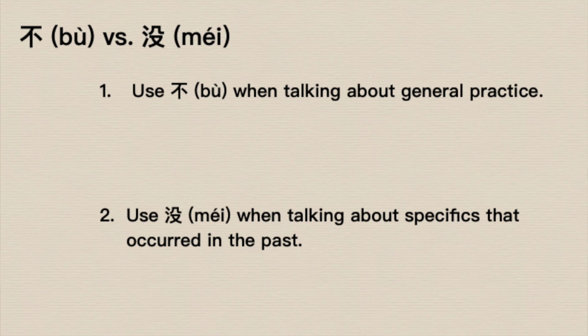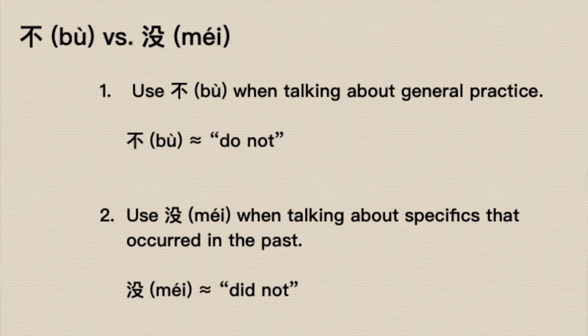You want to use bu when you're talking about general practice. You want to use mei when we're talking about a specific event or a specific occurrence that happened in the past or did not happen in the past. Think of it as general as opposed to specific in the past. Another way to look at this is think of bu as do not and mei as did not.